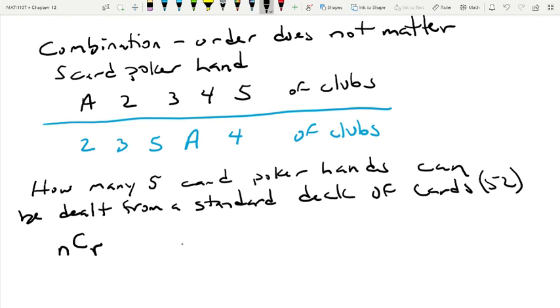So now this would be 52 things taken 5 at a time. This comes out to be 2,598,960 possible poker hands that can be dealt from it.